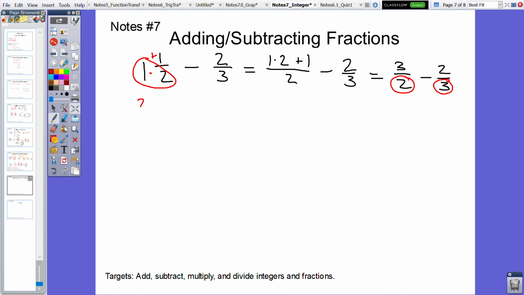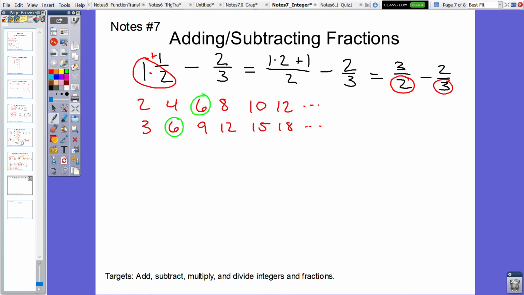So 2, 4, 6, 8, 10, 12. I can keep going. And then 3, 6, 9, 12, 15, 18, and so on and so forth. So we want to find the number that's the least in common. If we compare the two lists here that I've made, I've got 6 and 6.